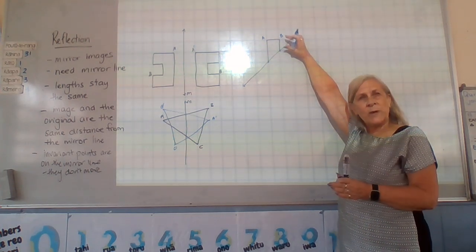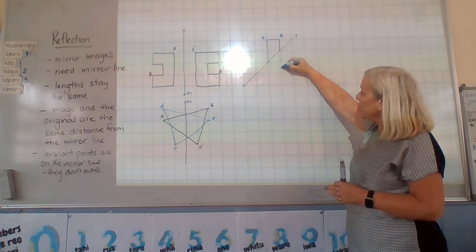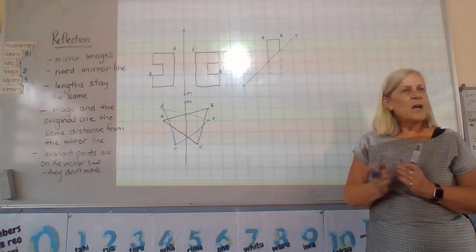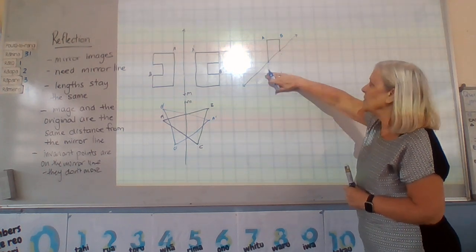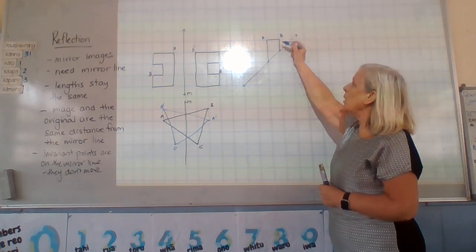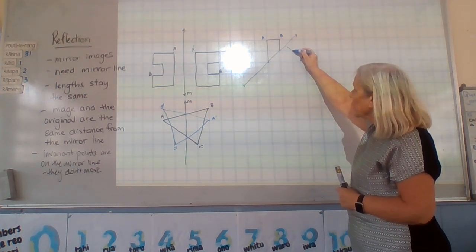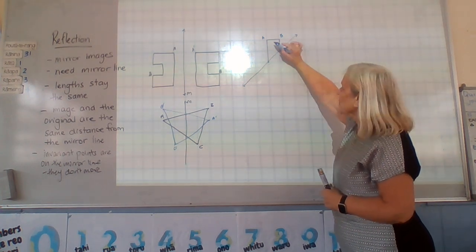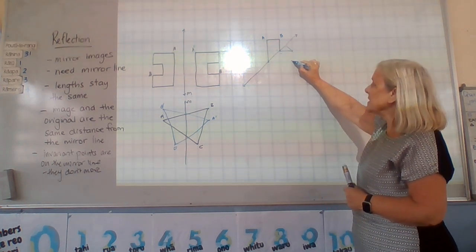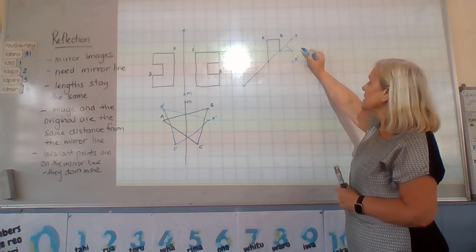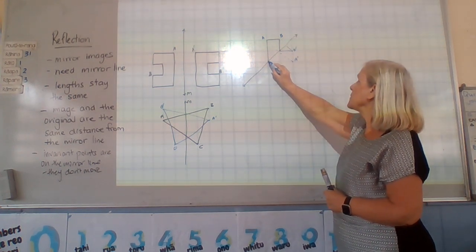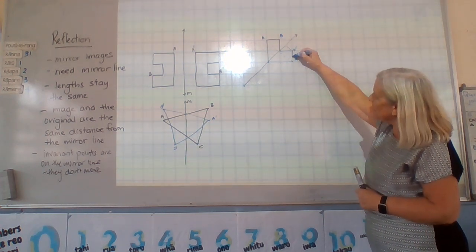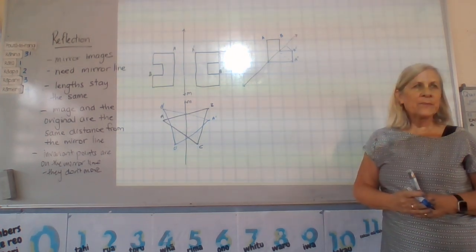A lot of people, when they're reflecting this, they want to put it here, because that looks nice. But when we're reflecting, that is not right. We've got to go through the mirror line. This is where B is, 1 square away. This is where A is, 1 square away. I mean 2 squares, but 1 square on the diagonal. So we actually end up with an image like that.